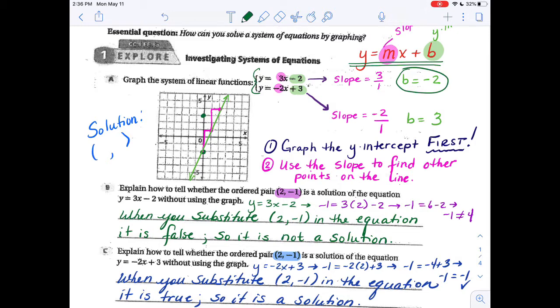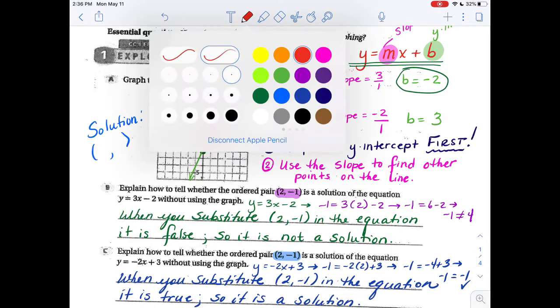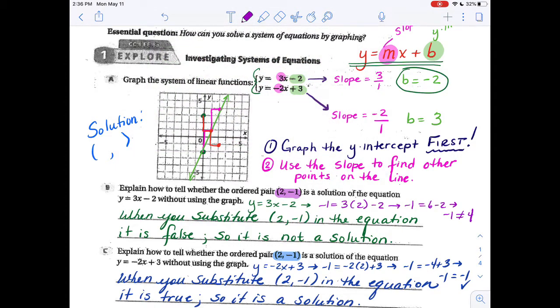And my slope is a -2 over 1, which means I'm going to be going down 2 over 1, down 2 over 1. And again, going ahead and connecting those, and I've got the graph for that linear equation.